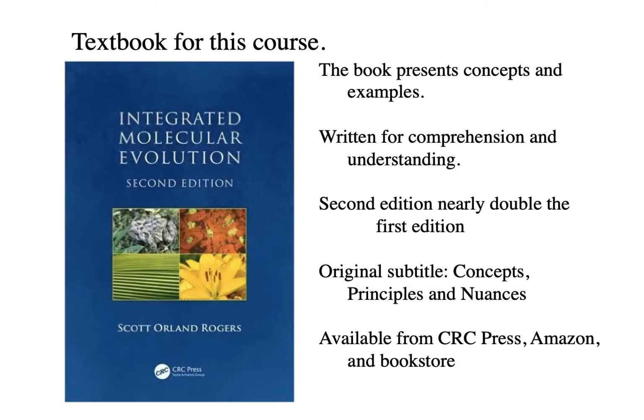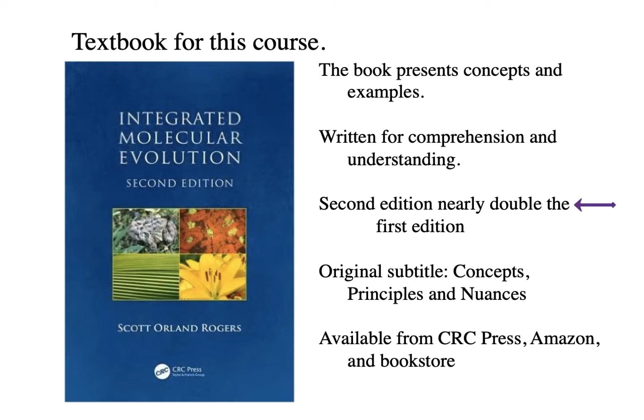Here's the textbook we'll be using in this course. And I wrote this several years ago. Started in about 2010, and then the second edition came out in 2017. This presents concepts and examples, and it's written for comprehension and understanding. So I did have undergraduate students and graduate students read some of the chapters before I published this.